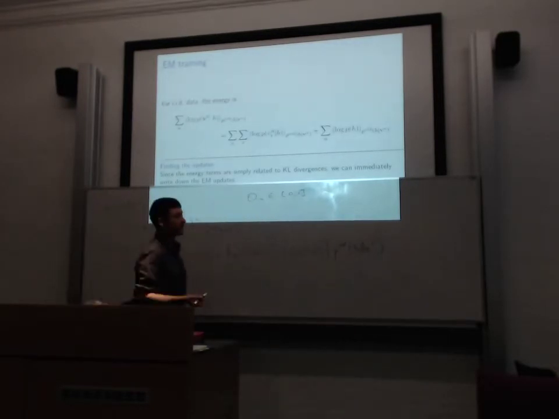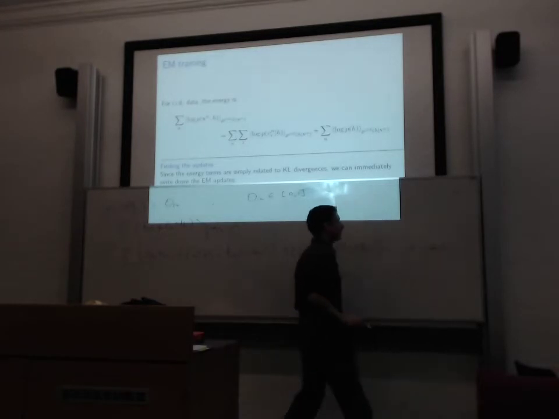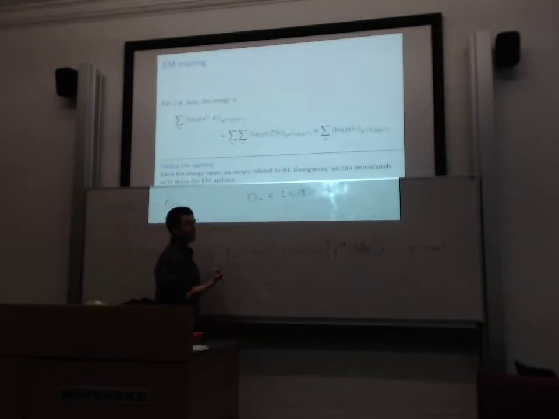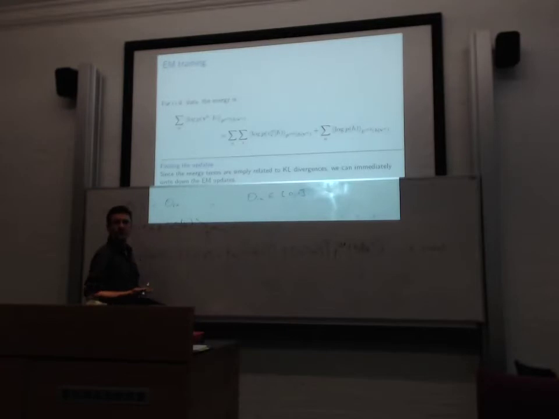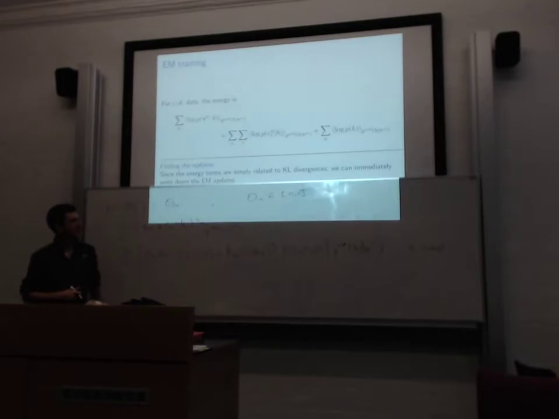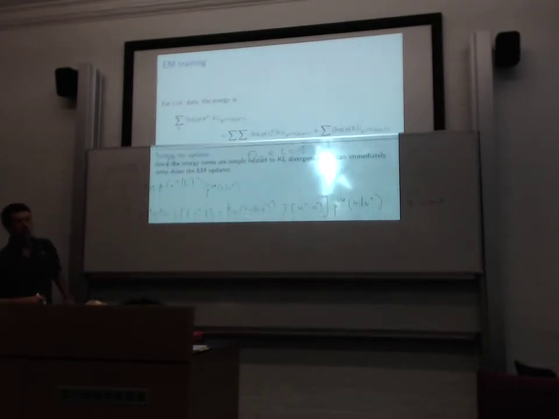And plus constant terms, which I don't care about. Yeah, so just reiterating, this is the contribution of theta IH to the energy. The rest is constant. And now you need to maximize this with respect to theta IH.